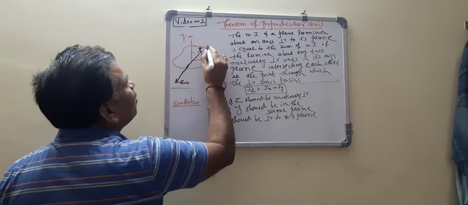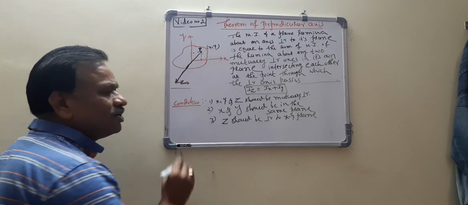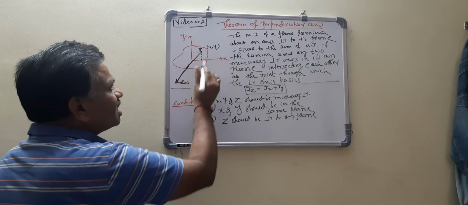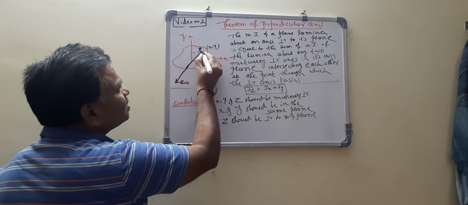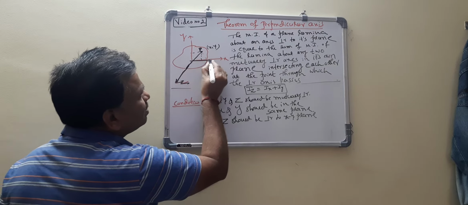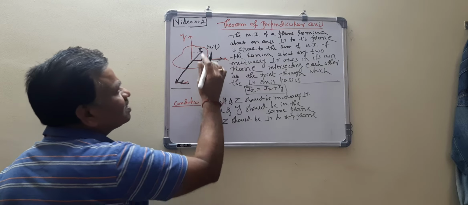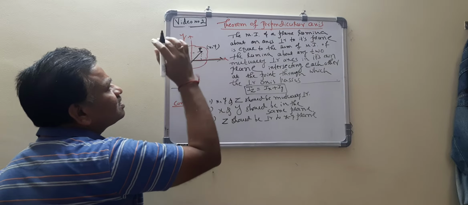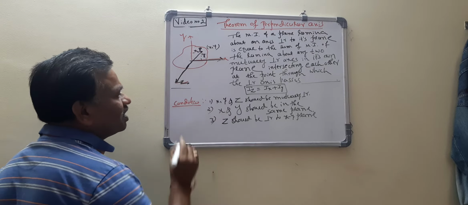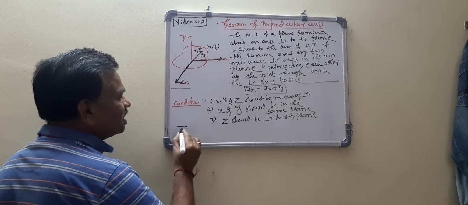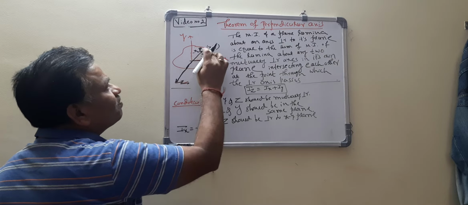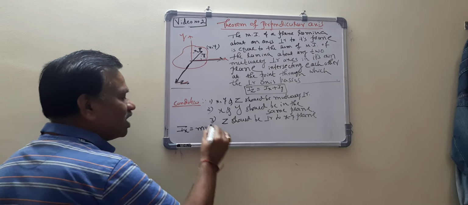Coordinates are X and Y. Here, moment of inertia of the particle P about this axis. What is this distance? It is Y. And this is X. Don't get confused here. Ix equal to m into Y square.